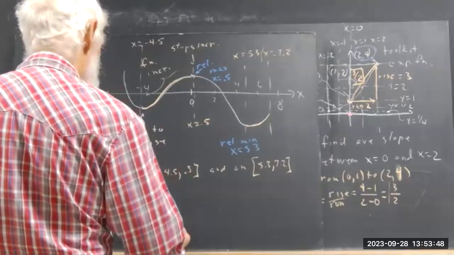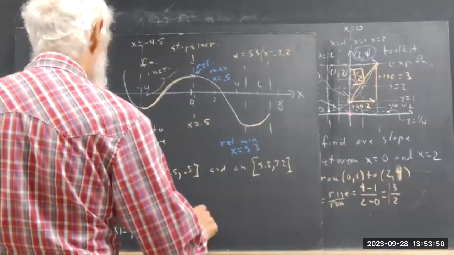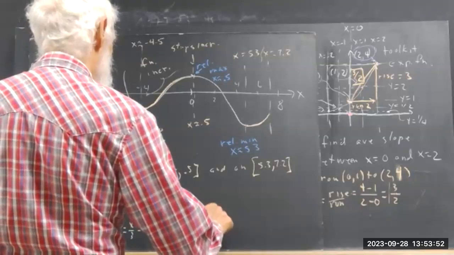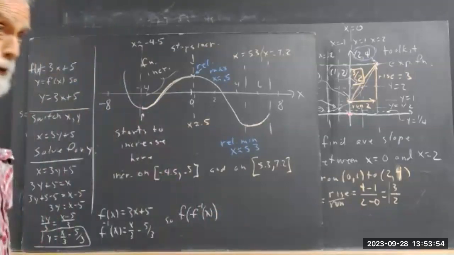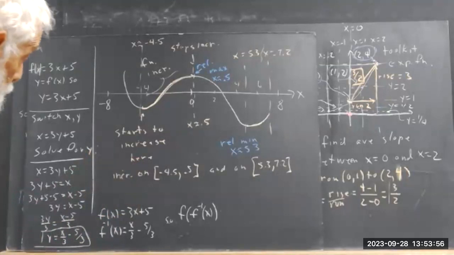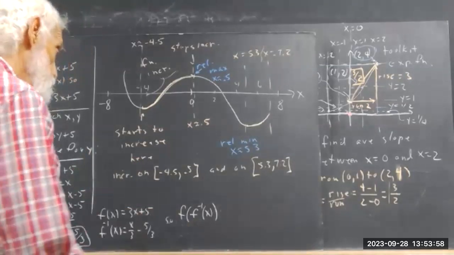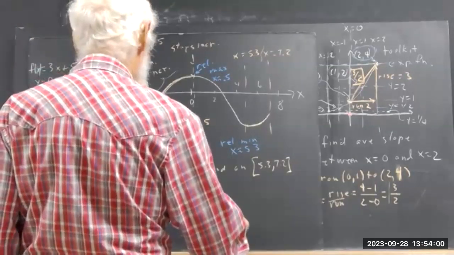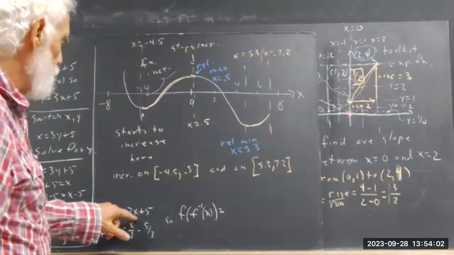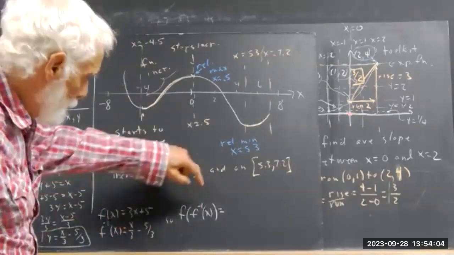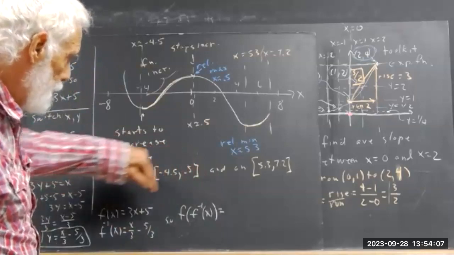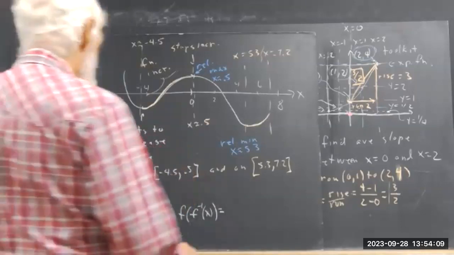Real quickly, we're doing a little function notation that you will want to be able to use. We've done enough function notation, we should be able to do this. f of x is 3x plus 5. So f of f inverse of x, we're replacing x by f inverse of x.